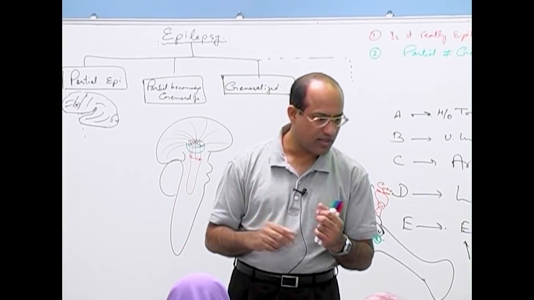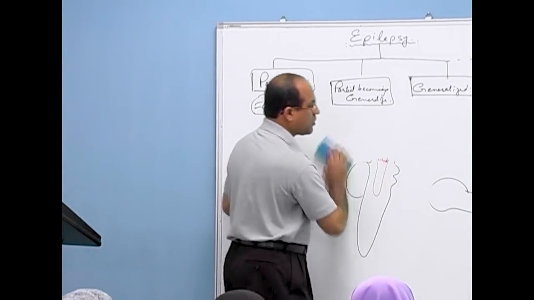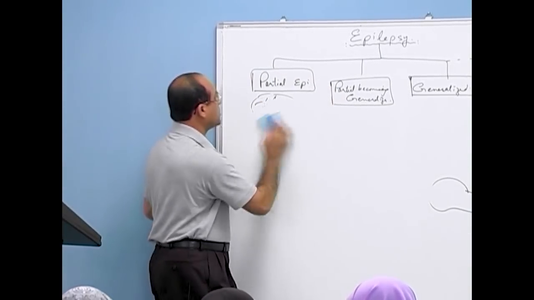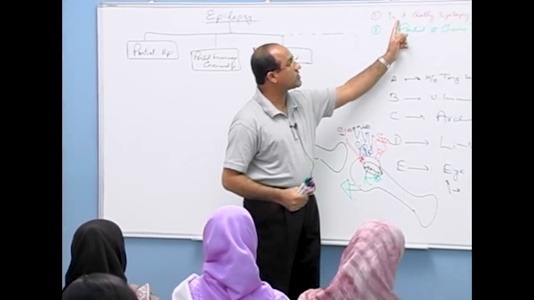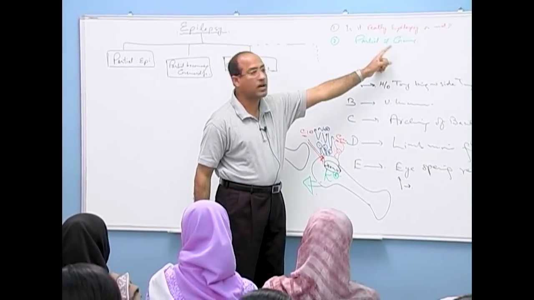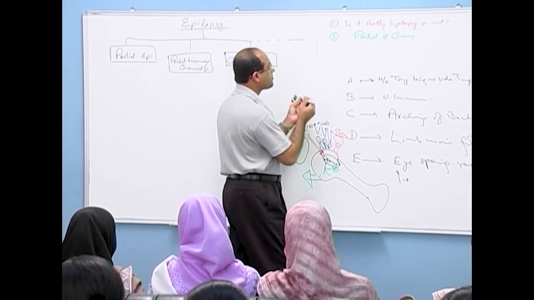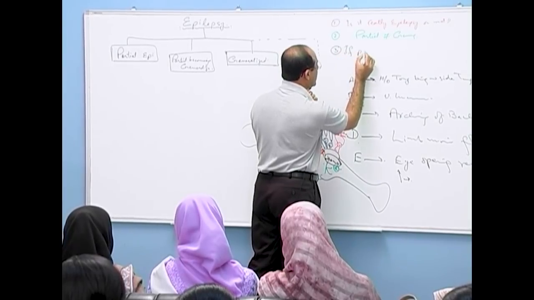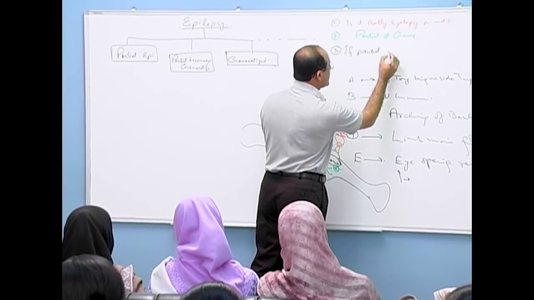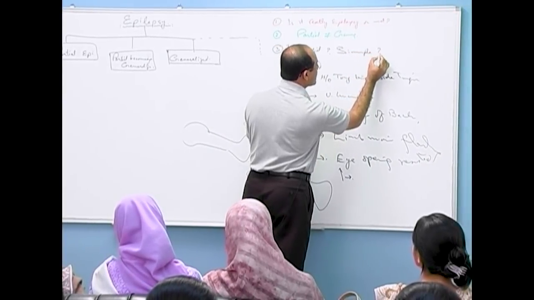Is that clear? Now, what are the different types of partial epilepsy? We'll go rapidly through that because we have discussed a lot already. As I told you, first, is it epilepsy or not? Secondly, is it partial or generalized? Then the third question: if it is partial, is it simple or complex?